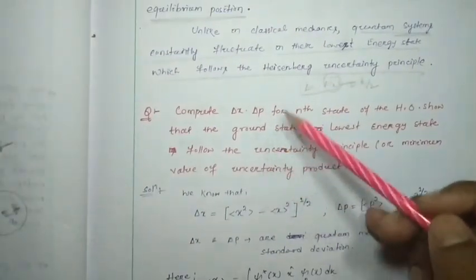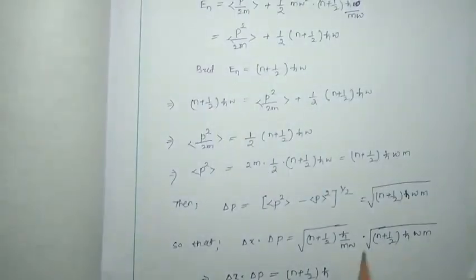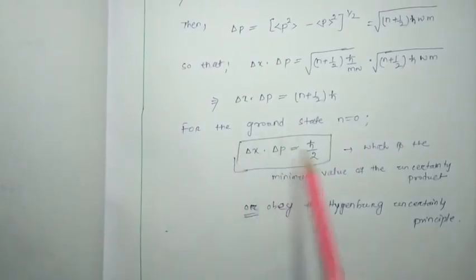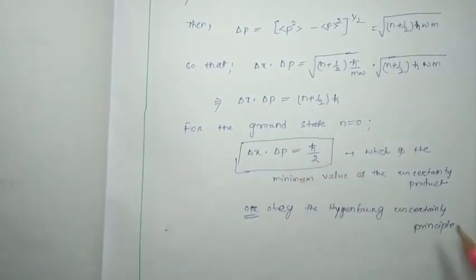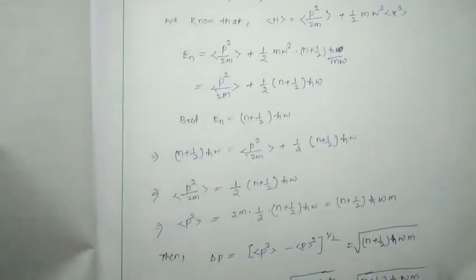There is a problem we can solve: at the lowest energy state we get h cross by 2, which means it will obey the Heisenberg uncertainty principle. How will that be?